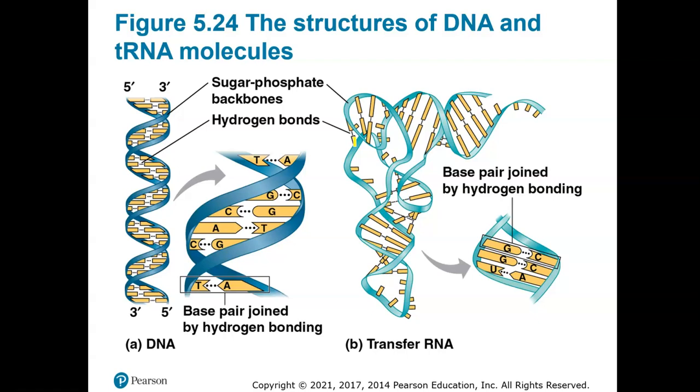And you can see that here. If one strand is GG, well, that is RNA. Okay, in the DNA, if one strand is GCAC, then the complementary strand is CGTG. Okay.